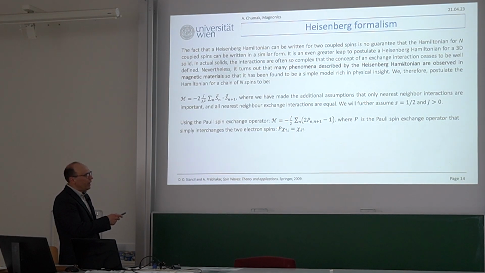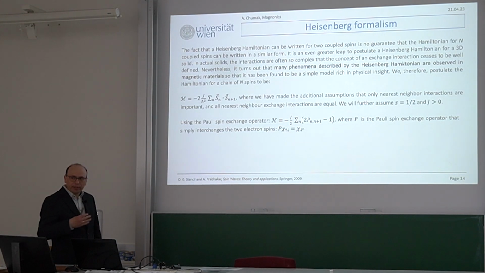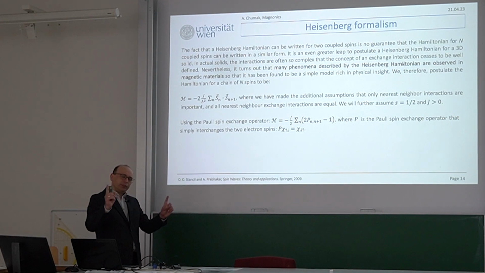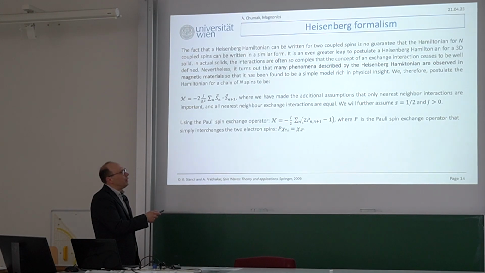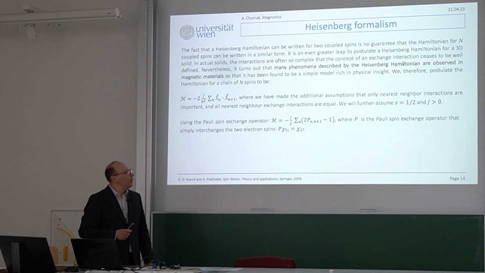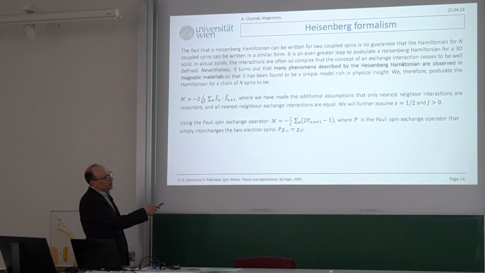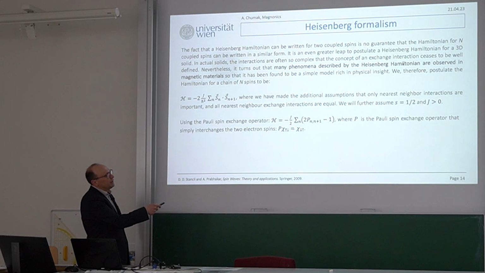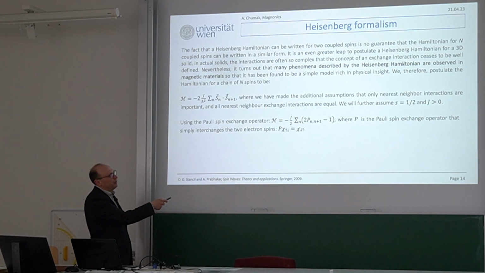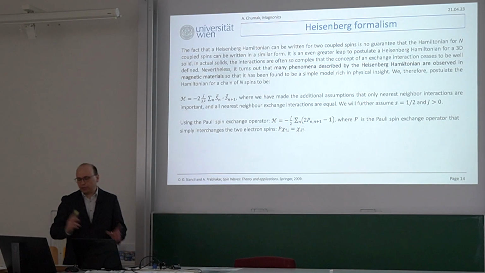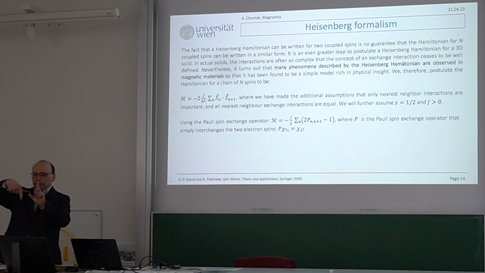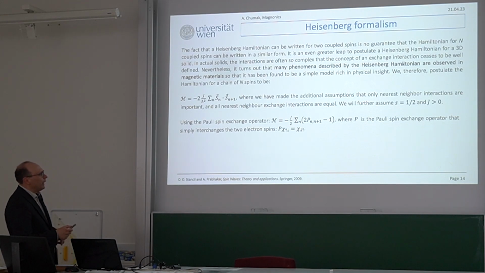And P is just the operator which replaces the positions of our spins. So if you have one spin up and the other down, then when you act with operator P on it, you exchange them. First you have spin down and then spin up. So you do this trick.